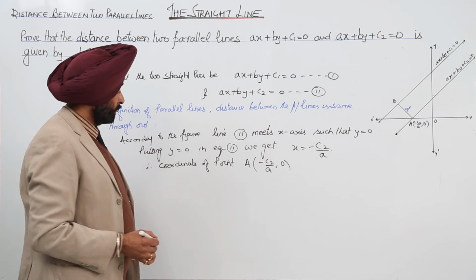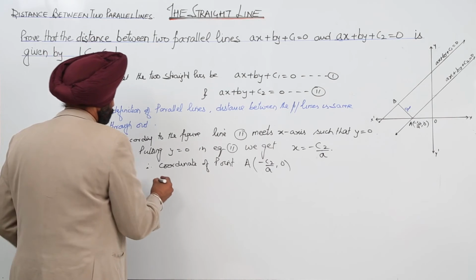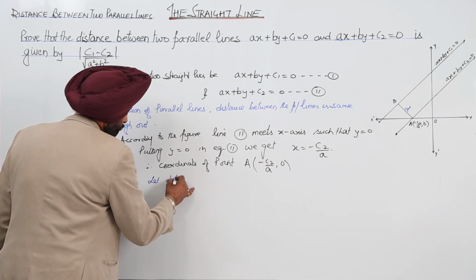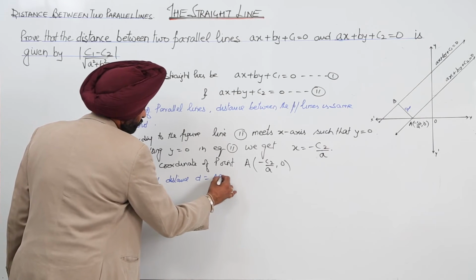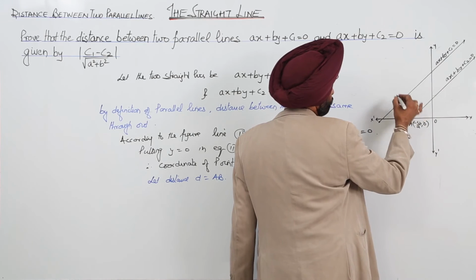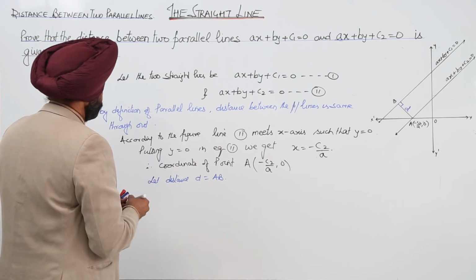Okay. Now let the distance D be equal to AB. I have marked one point A and this is B, and it is a perpendicular.